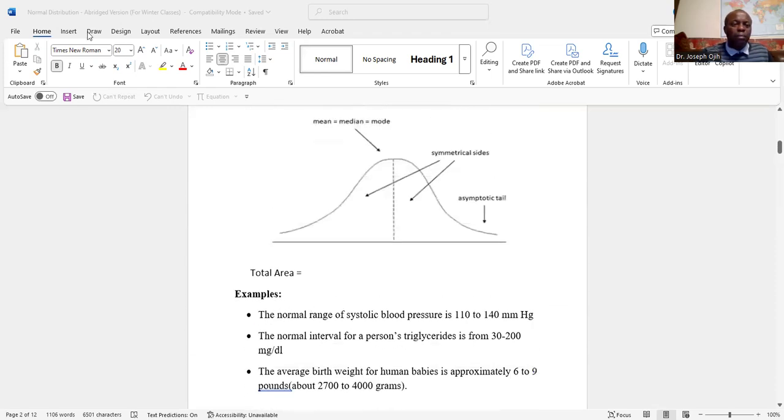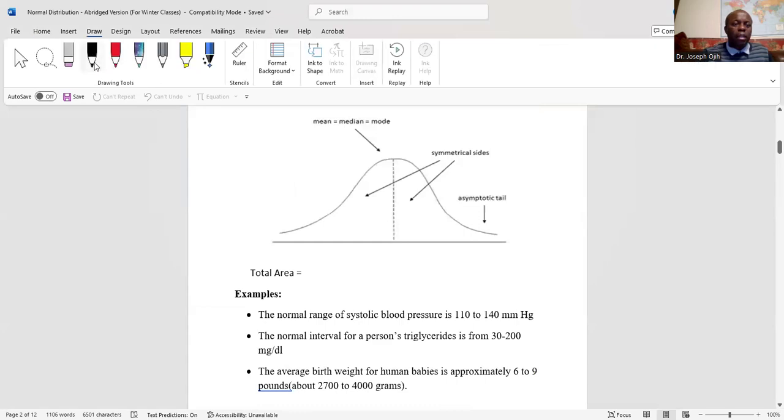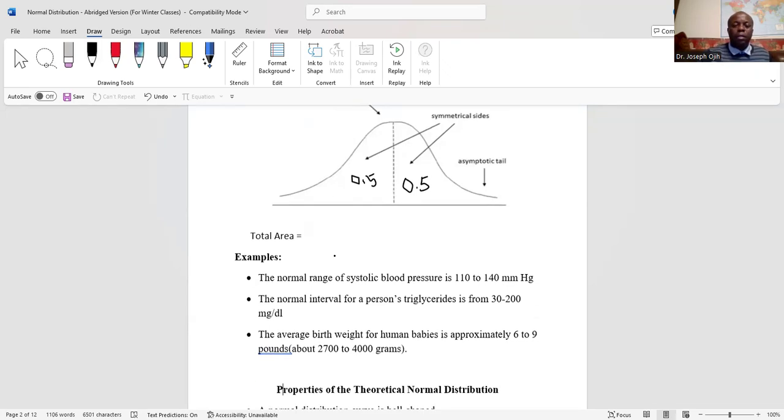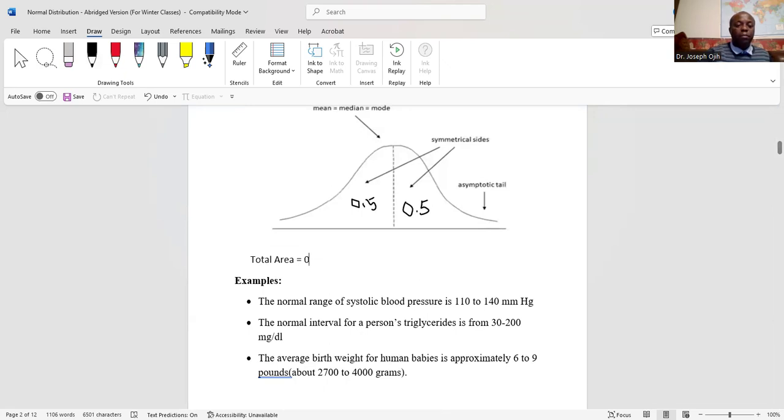It means that this here is 0.5, and here is also 0.5, which means the total area will be 0.5 plus 0.5, which is 1.0 or 100%.